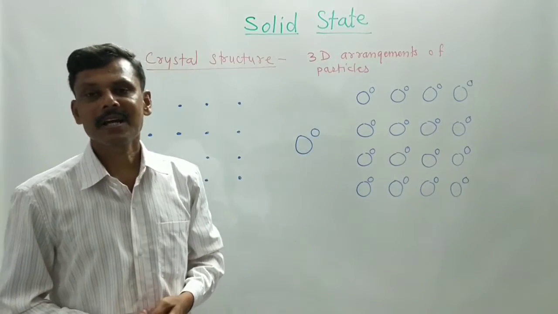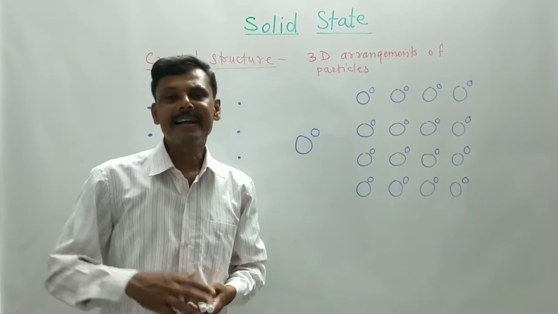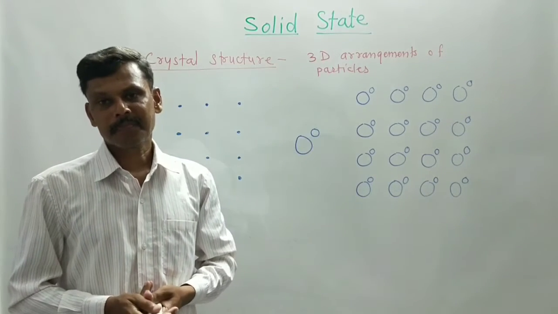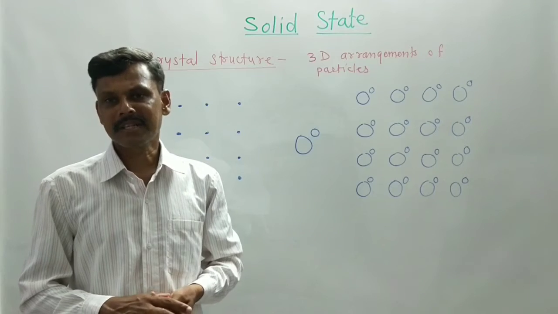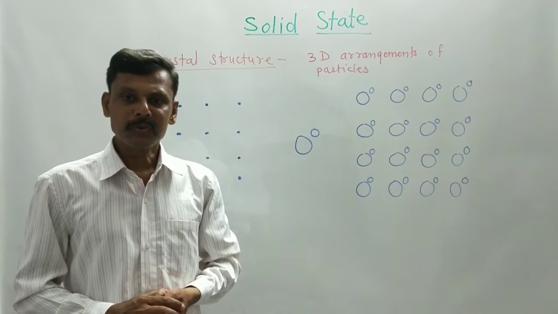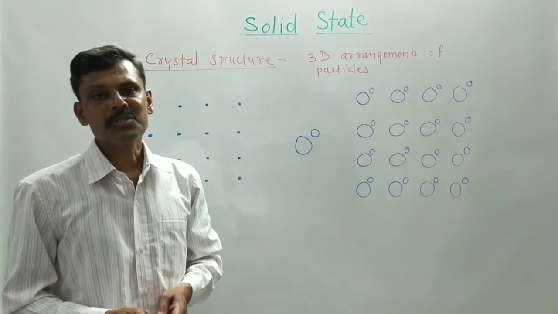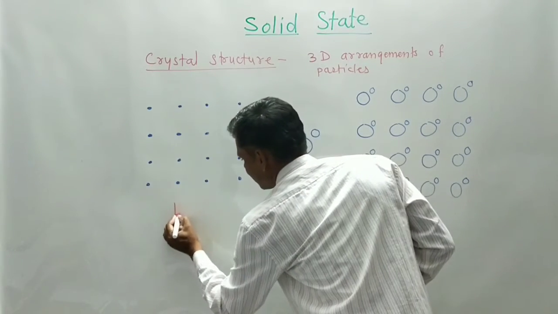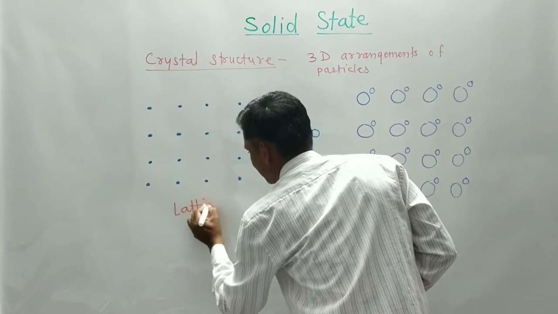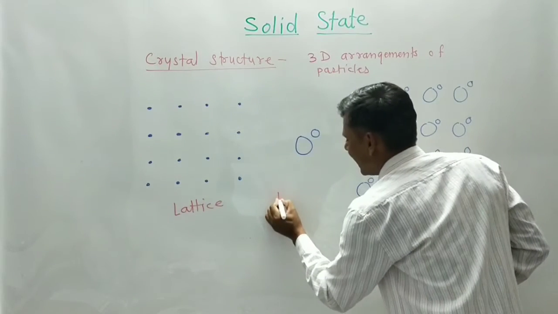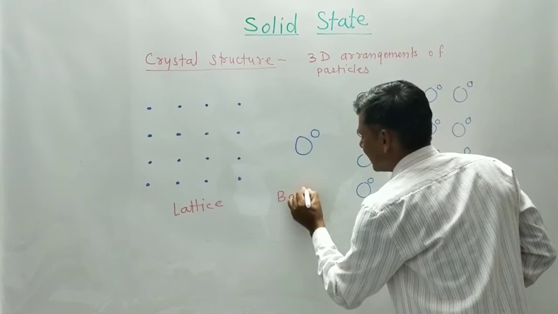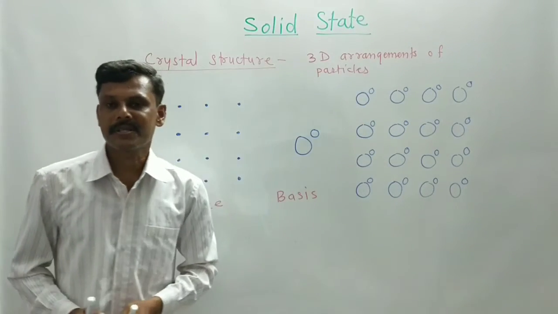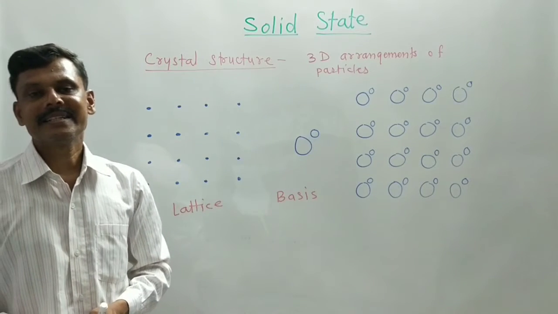How particles are arranged in three dimensions, it describes the crystal structure. So to understand the crystal structure, we use two terms. These two terms are the lattice and basis. Lattice and basis.